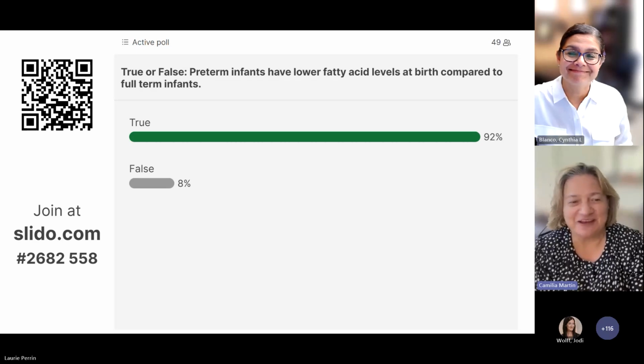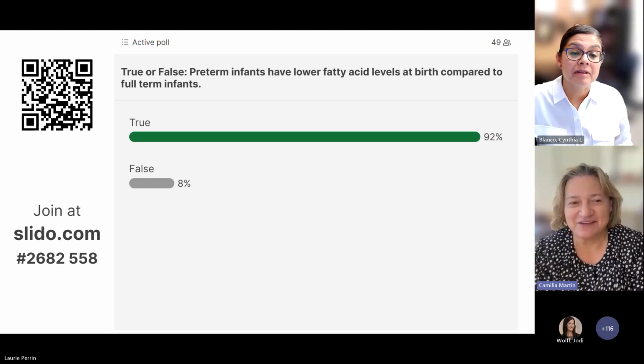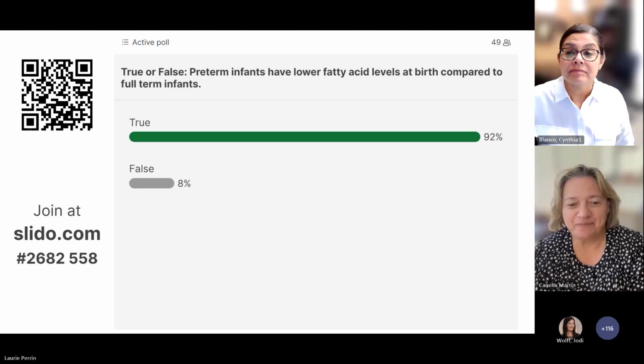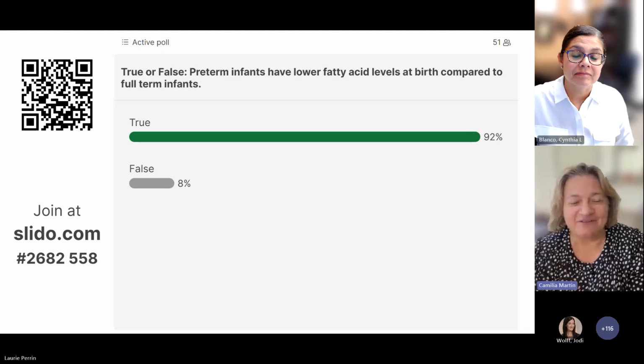We're at 50 at a much swifter pace than last time. Let's see if we can get a little bit higher, and then we'll answer question 2. Okay, seems to be kind of steady at 92 to 8. Again, why I love talking about this.